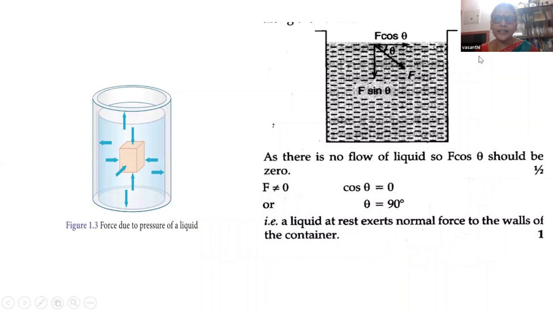Mathematically also we can prove this. Any force exerted by a liquid at rest on any object should be perpendicular to the surface at every point. If the force acts at an angle theta with the horizontal, it will have two components, F cos theta and F sin theta.